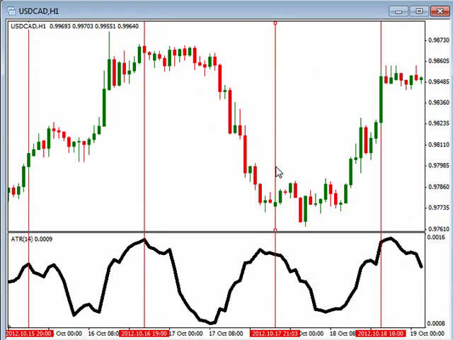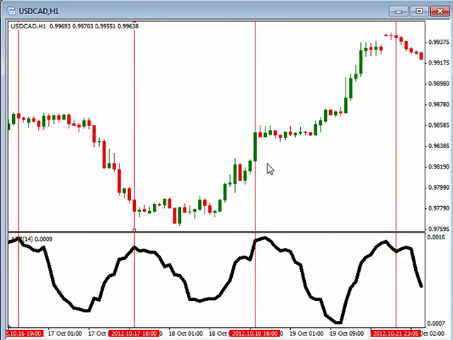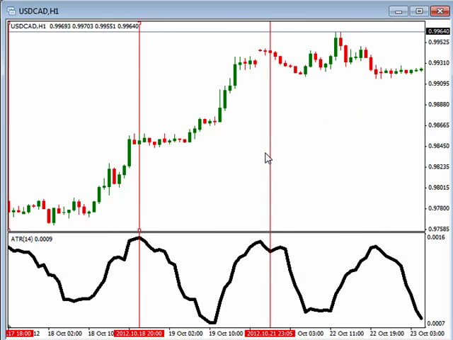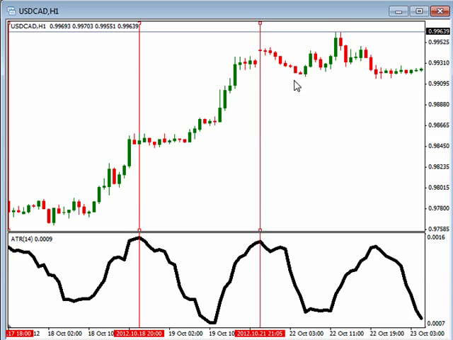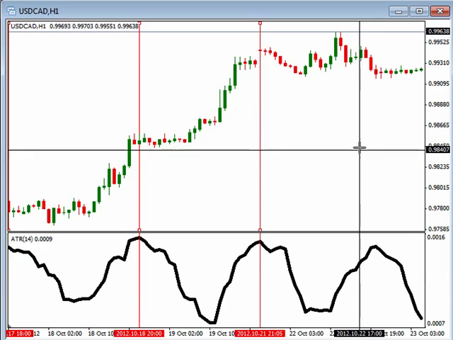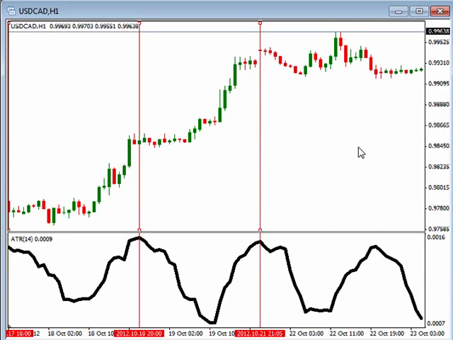The peak here, the 18 hour. Peak here, the 20 hour. The peak here, the 21 hour. You can see that this is the 20 hour peak here. That there are certain times of the day where the market is peaking in its movement.